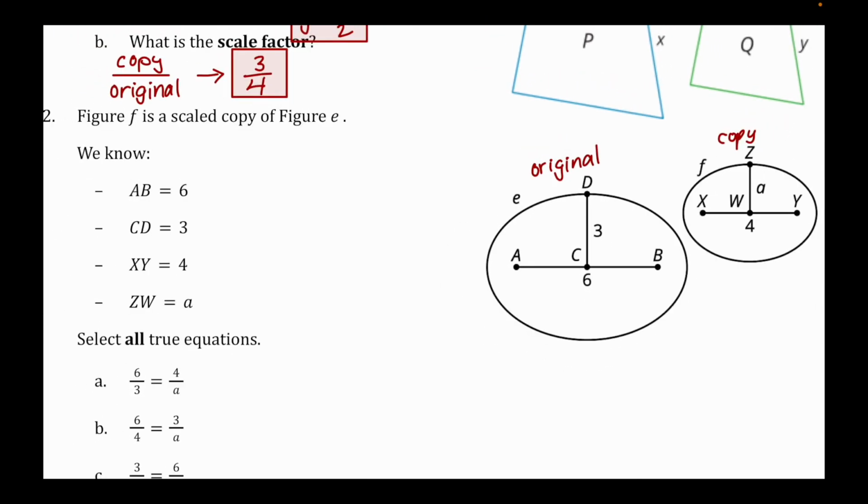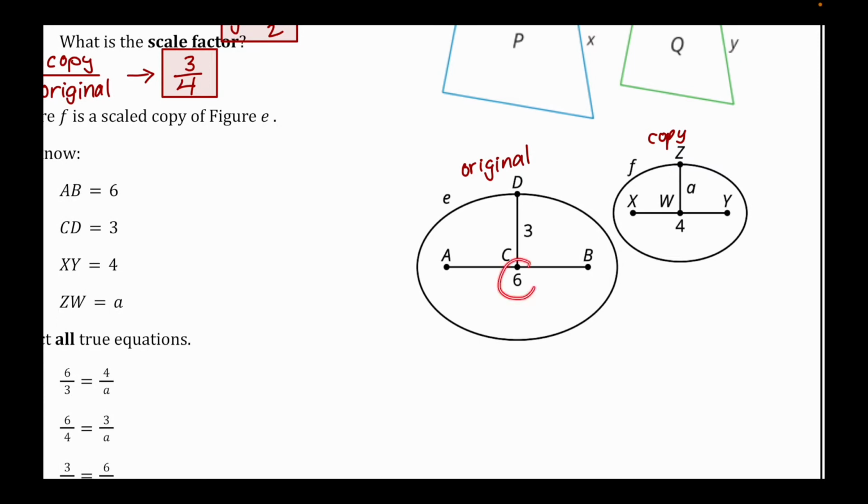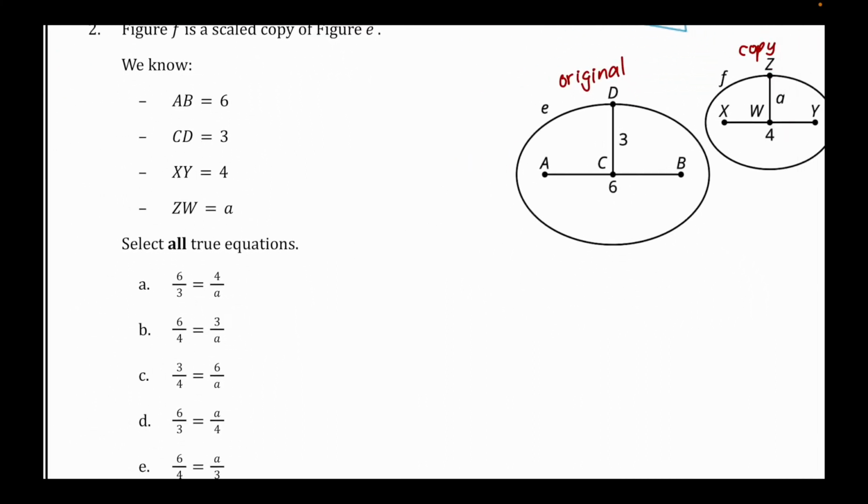I always like to look at the image here. They're saying 6 over 3 is going to be the same as 4 over a. And I agree. I'm comparing the horizontal one to the vertical one in one shape, to the horizontal and then the vertical in another shape. So I agree with that one, which means I am going to say that one is true.